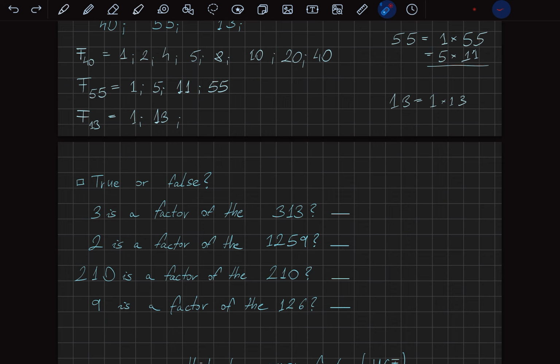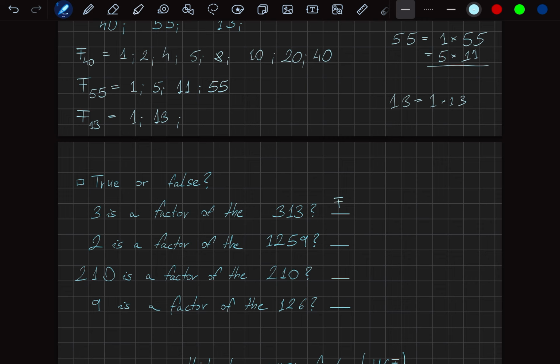So 3 plus 1 plus 3 equals 7. I cannot divide 7 by 3 because there is a remainder of 1, so I cannot divide 313 either. So it will be false.